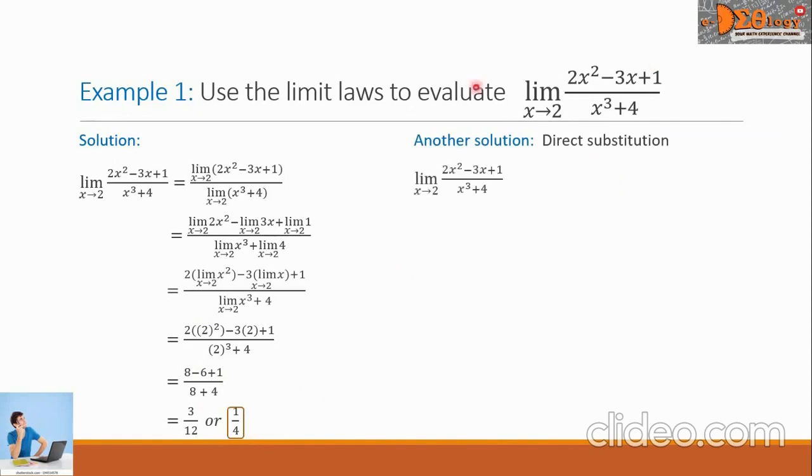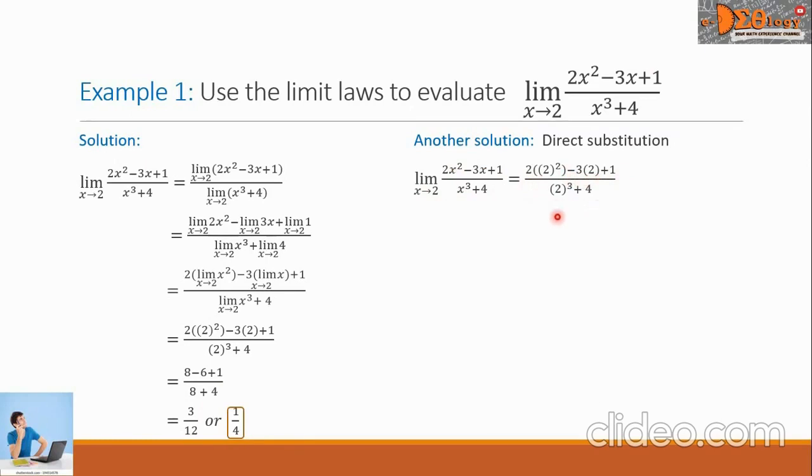We copy first our problem here, and then let us substitute the value of 2 to each of the x of this rational function. So it will be like this: 2 times 2 squared minus 3 times 2 plus 1 all over 2 cubed plus 4.